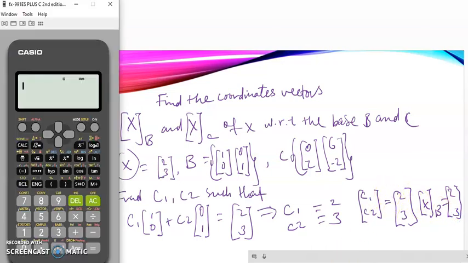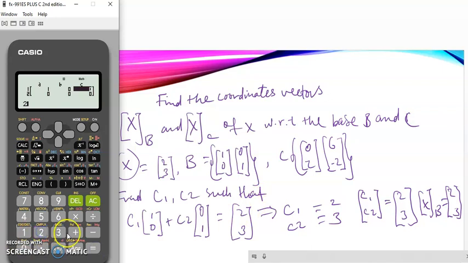To use your calculator, go to equation mode, which is number 5, and take the system of simultaneous equations. Let's take number 1. Here we have C1, so the coefficient is 1, and the coefficient of C2 is 0, and that is equal to 2.